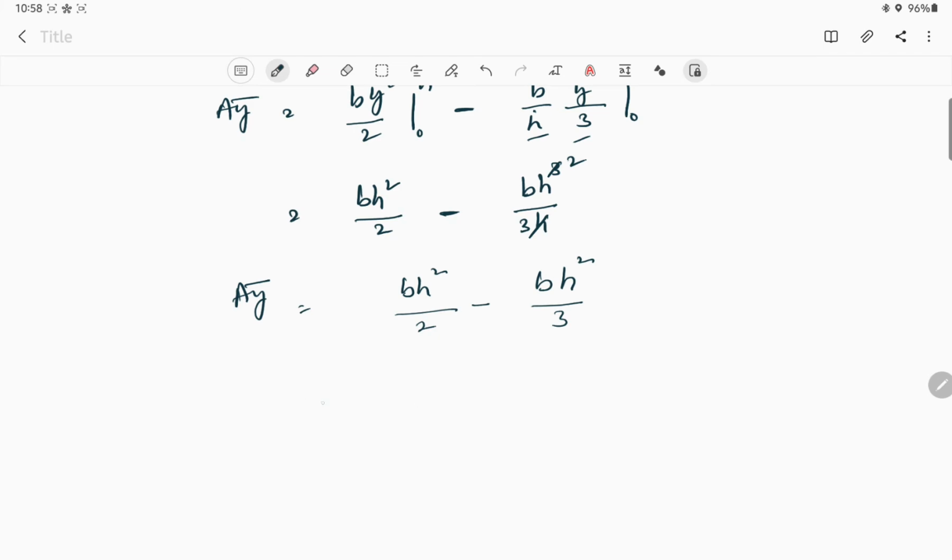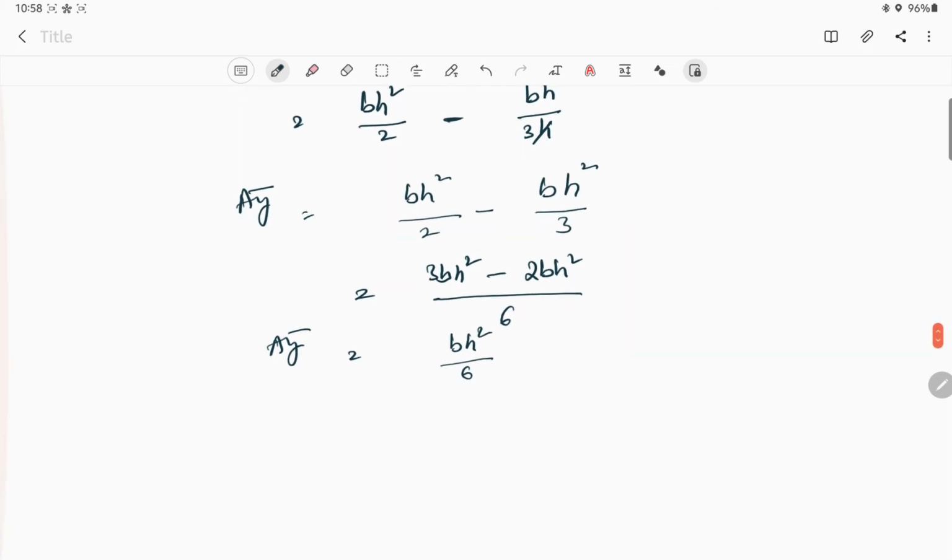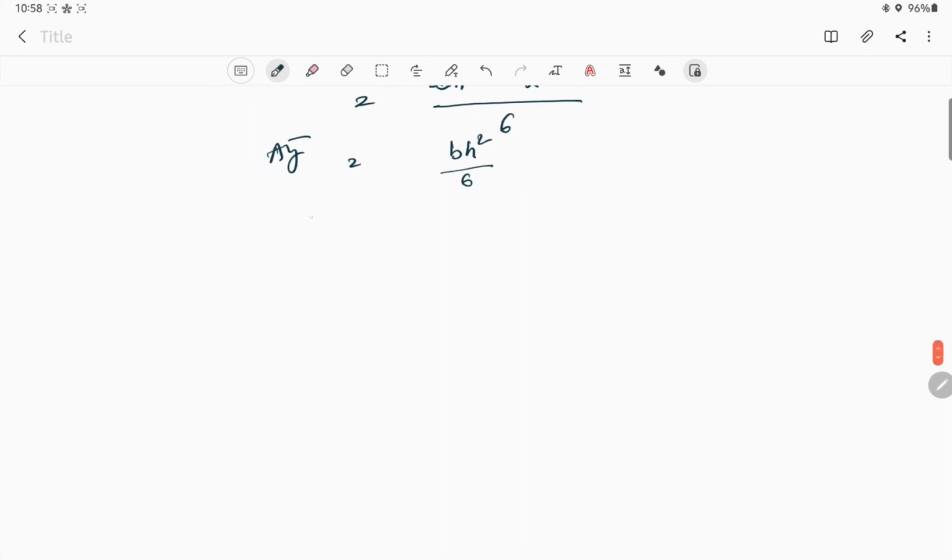So what we will do here is, we'll try to take LCM. LCM of 2 and 3 is 6. So 3 b h square minus 2 b h square. So A y bar is equal to 3 minus 2 is 1, b h square by 6. We got A y bar as b h square by 6.